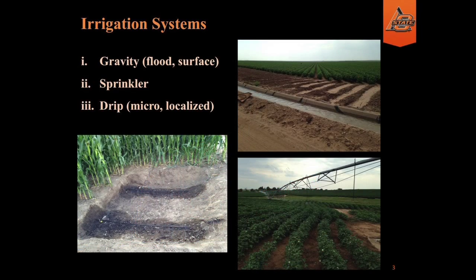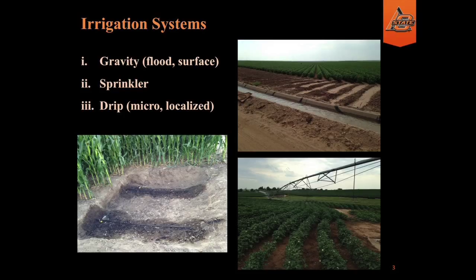You may hear different people refer to it as flood irrigation or gravity or surface irrigation. It's all referring to the same type of system. It's basically gravity driven. You let the water run on the surface of the soil down the hill, and it fills the soil profile.